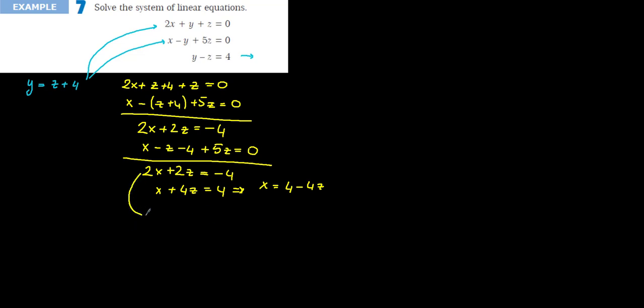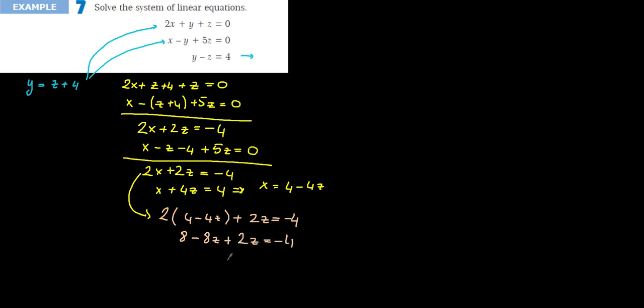And I'm going to substitute it in the other equation. Let's change the color. So 2x plus 2z: I'm going to replace the x value, not the z. 2 times 4 minus 4z, plus 2z, equal to minus 4.